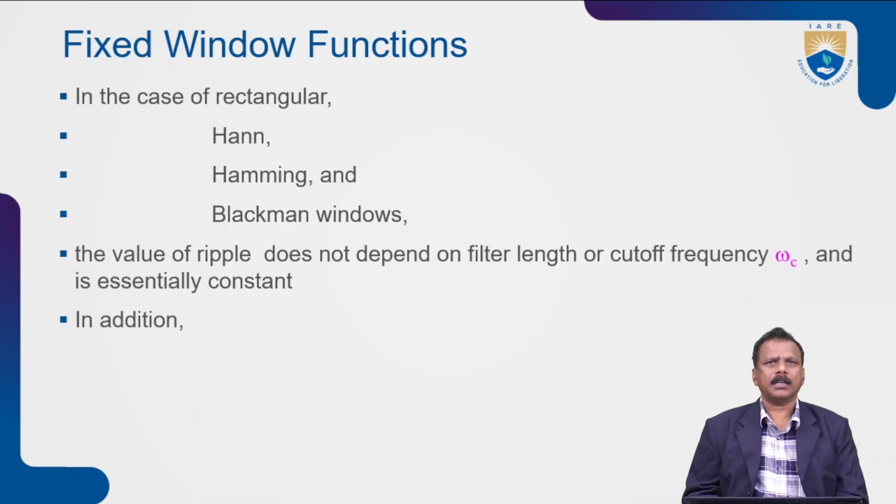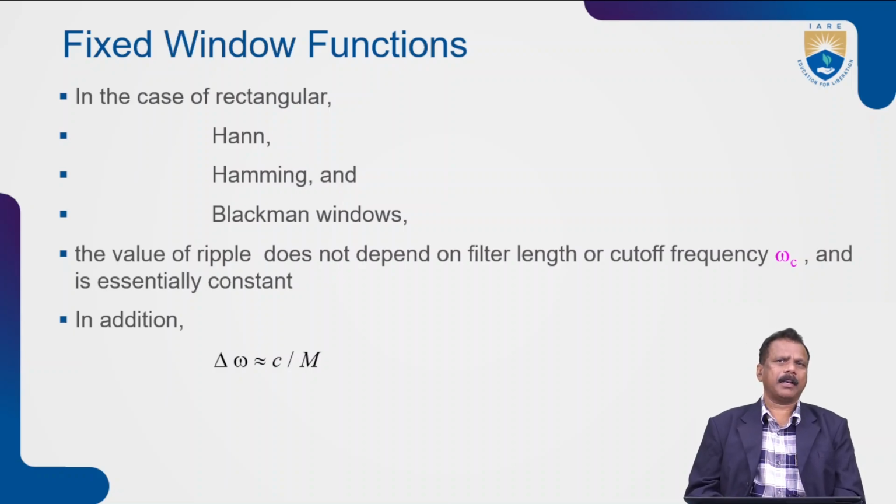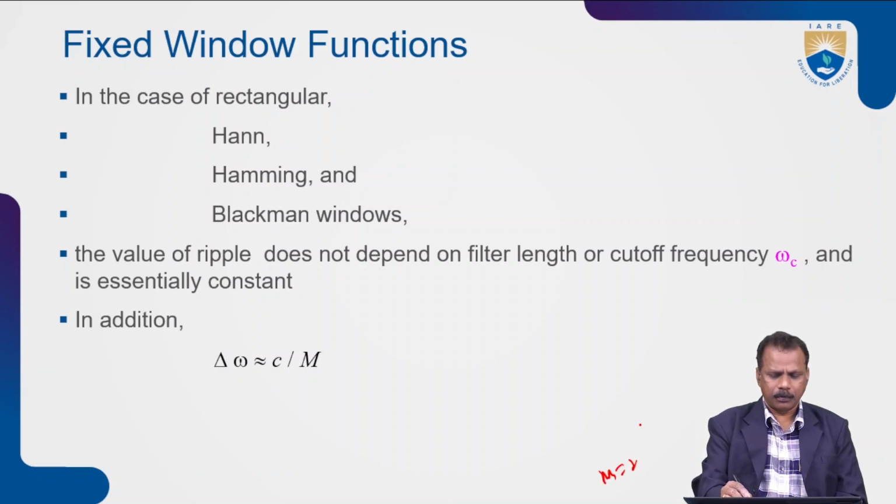In addition, delta omega is approximately c by M, where previously we have seen that capital M varies, for example 2, 5, 7, 15, 25, and so on.